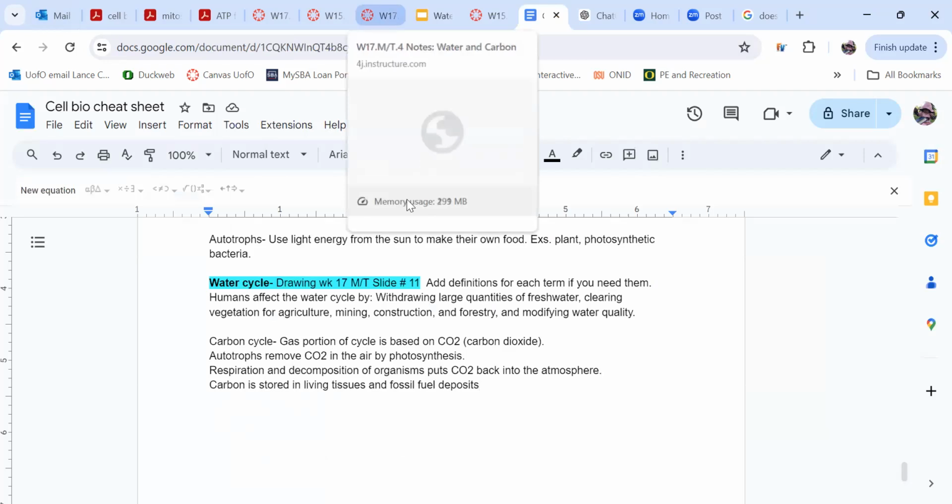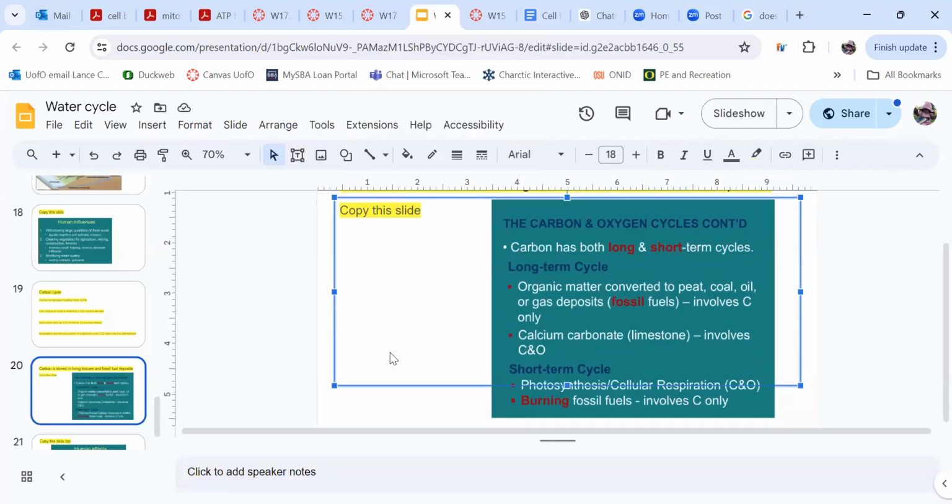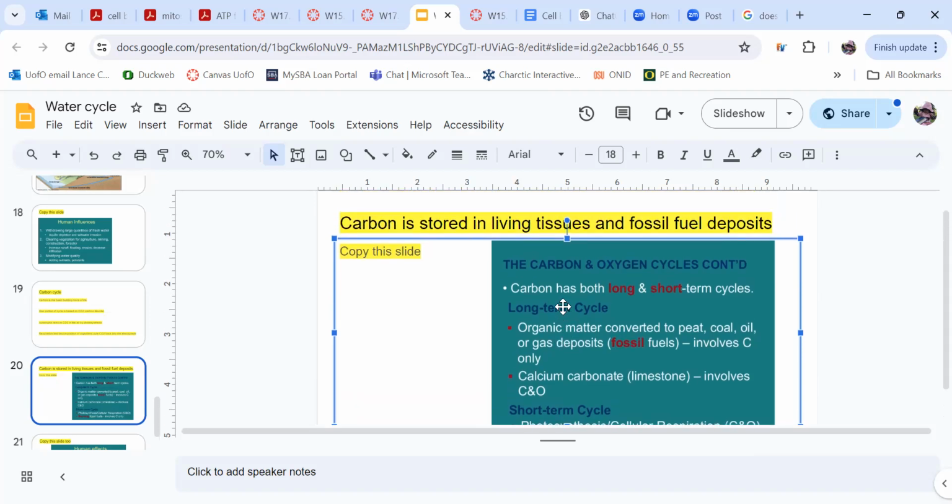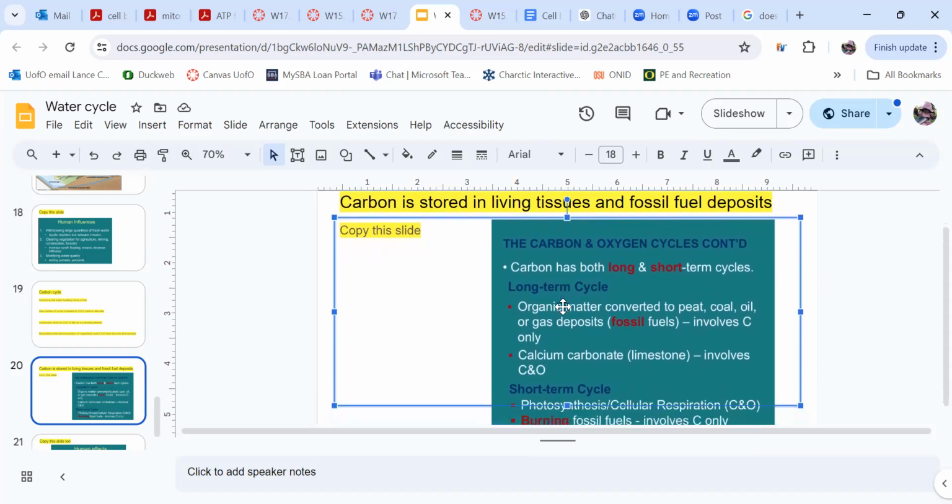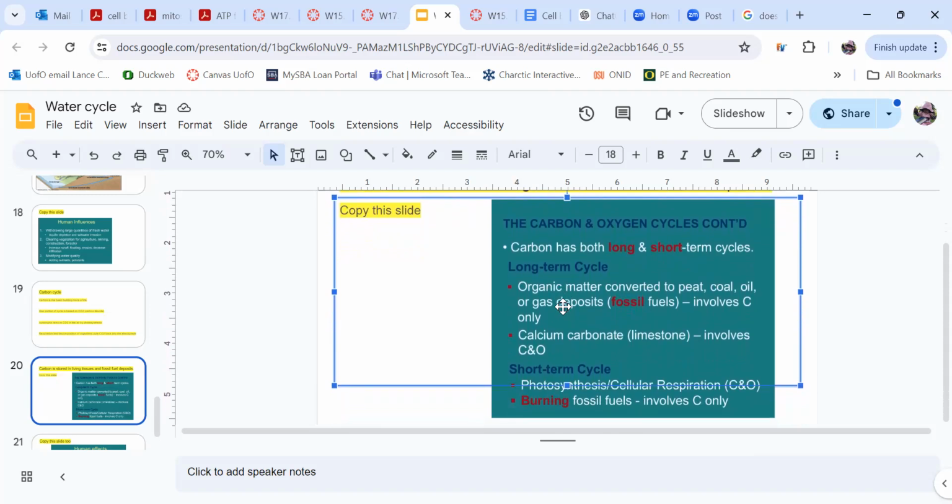Let's see if there's any other information that we should know here. So we already put that organic matter or living tissues store carbon as fossil fuel deposits. Hmm. Carbon can also be stored as limestone.